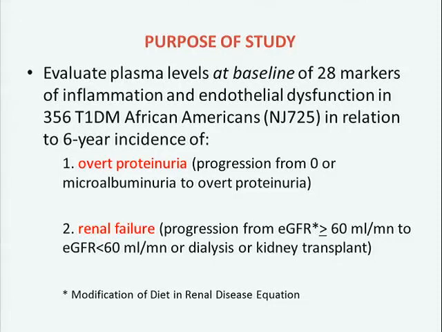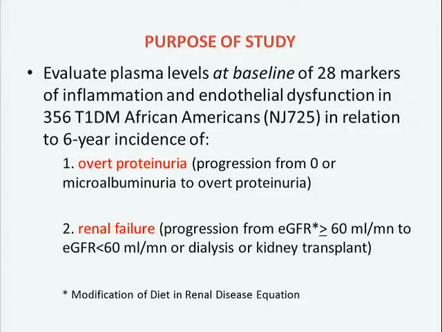We evaluated the plasma levels at baseline of 28 markers, which had been chosen mostly because there were published studies indicating that these markers would have a connection with the complications of diabetes.